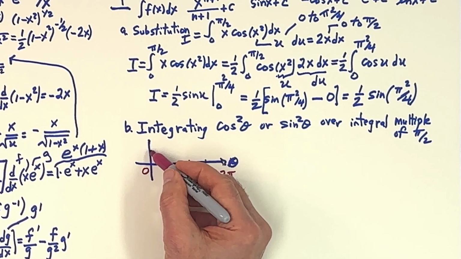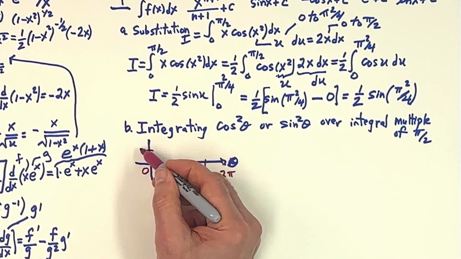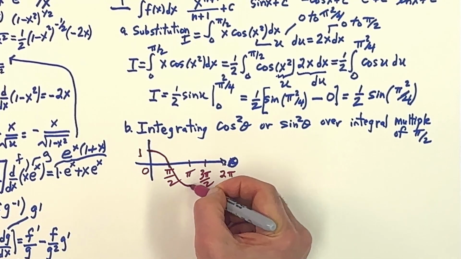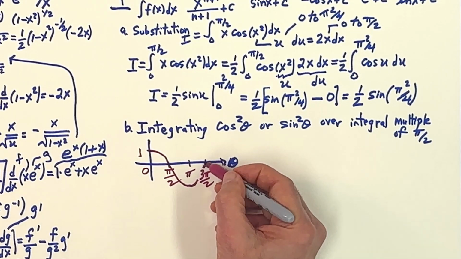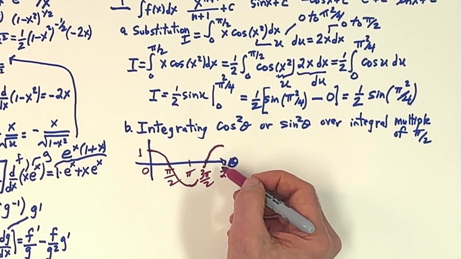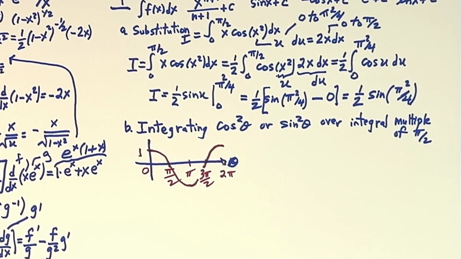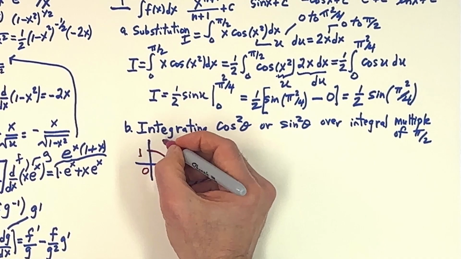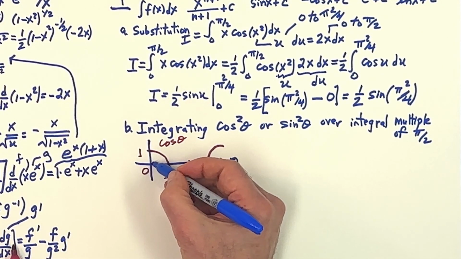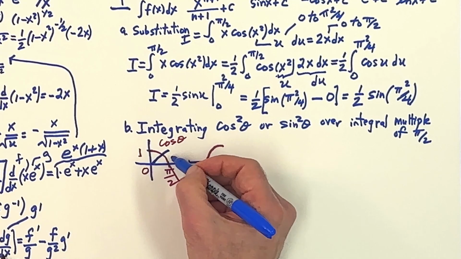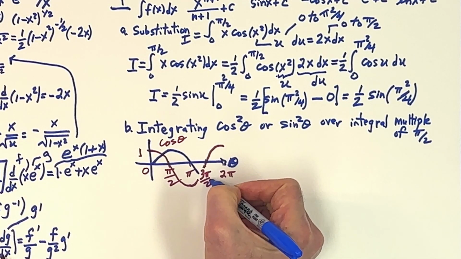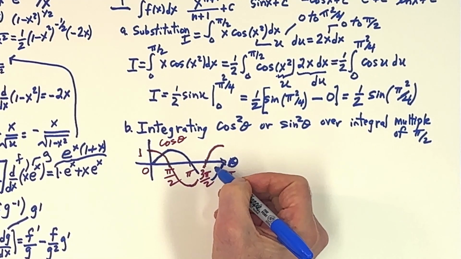So here, the cosine starts out here at 1, and then goes to 0, and then it goes to -1, and then it comes up to 0, and then comes back to repeat the cycle again at 2 pi. Now for the sine, okay, that's the cosine. This is the cosine of theta. Then for the sine, you would start here and go up to 1 when you get to pi over 2. Then you would come back down. Then you would go down here and then come back up like this.